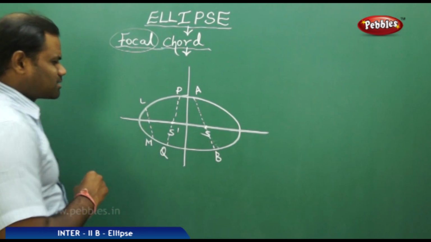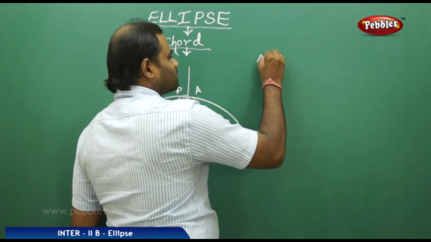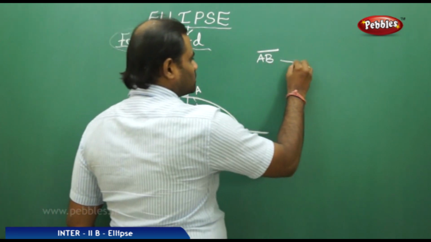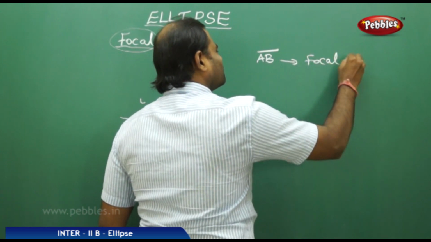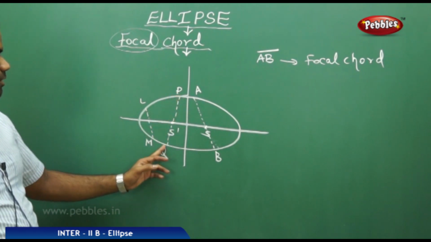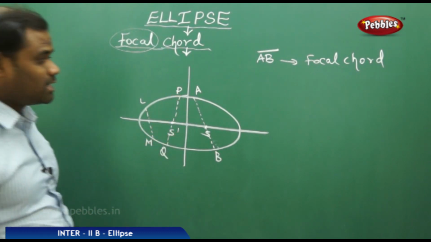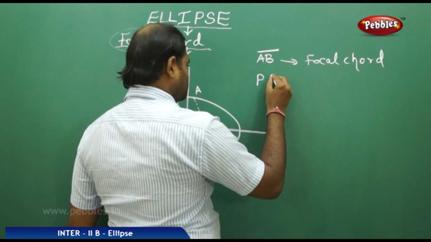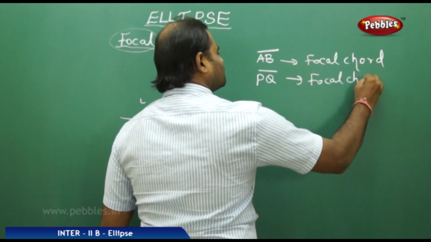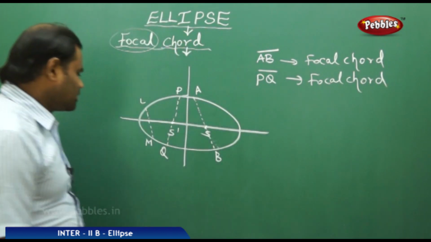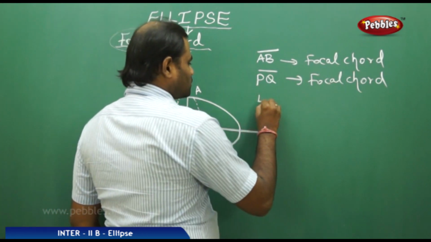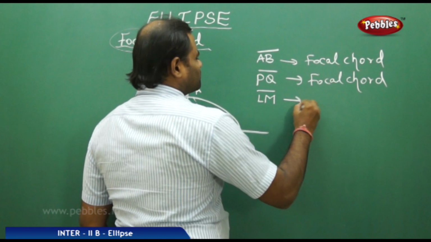Now in these cases I say that AB, which is passing through the focus S, is called the focal chord. Similarly, the line segment PQ which passes through the other focus S dash is also the focal chord. But the line segment LM which doesn't pass through either S or S dash is not a focal chord, but it is just called the chord.